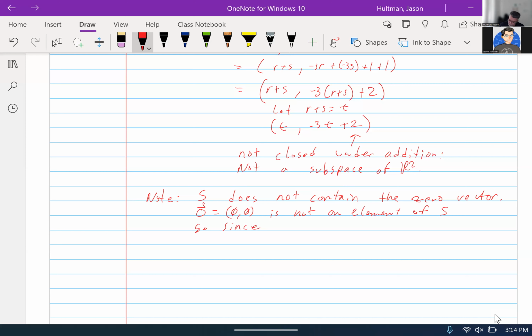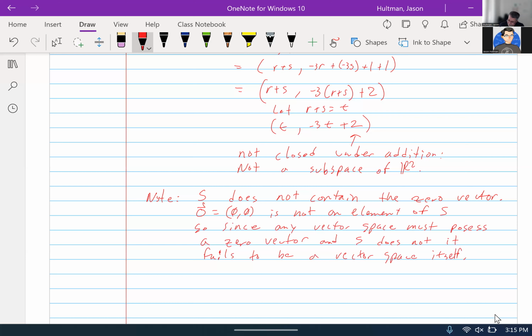So since any vector space must possess a 0 vector, and S does not, it fails to be a vector space itself.